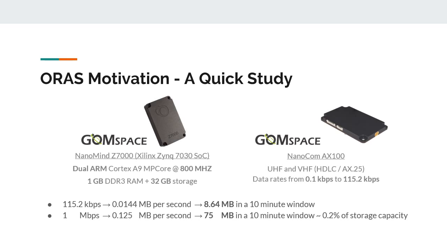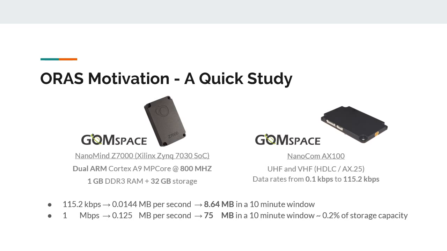If we make a very quick calculation, such as the one we show below, with this type of data rate in an average 10-minute window of communication, or a pass of a satellite over a given ground station, only a few megabytes can be downloaded.